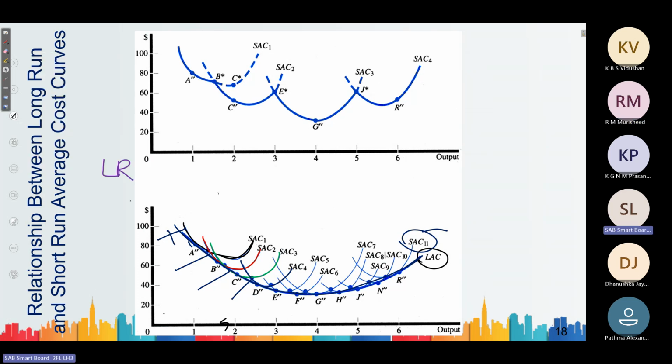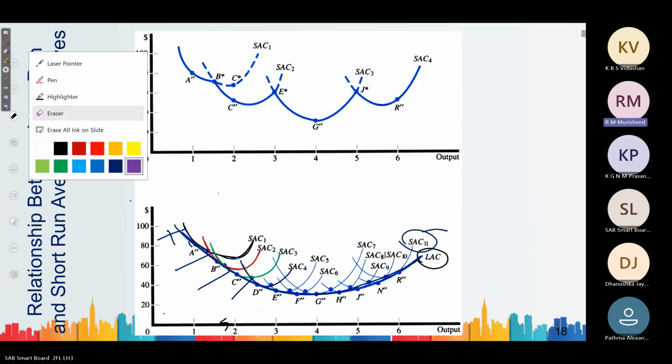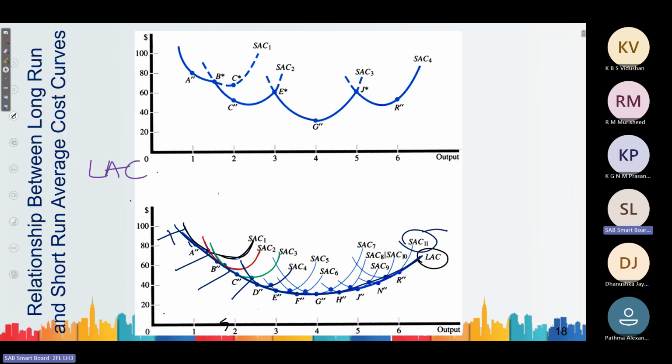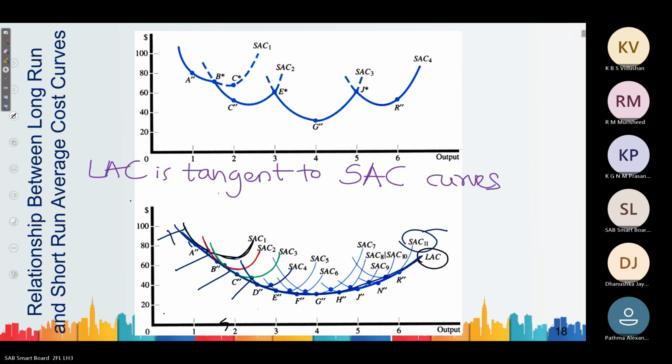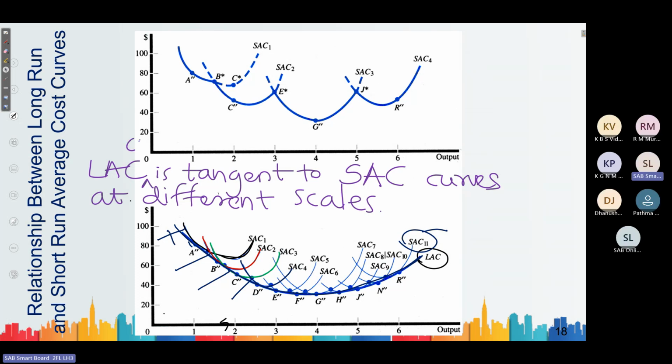The long run average cost curve is tangent to short run average cost curves at different scales.